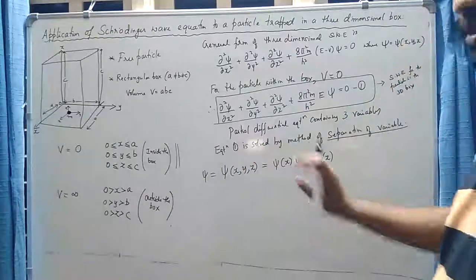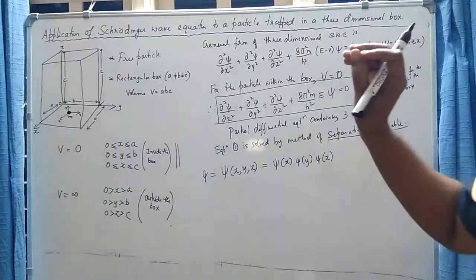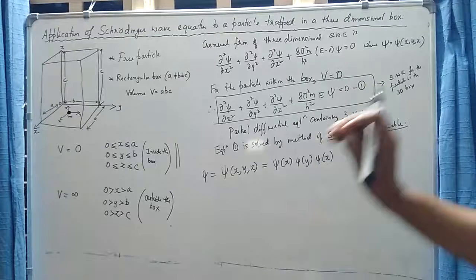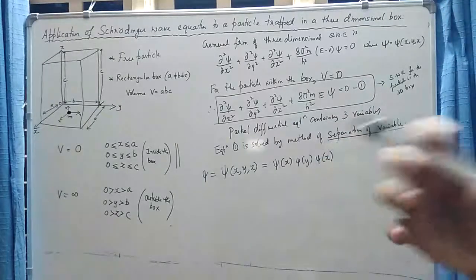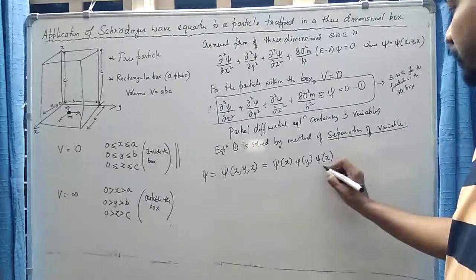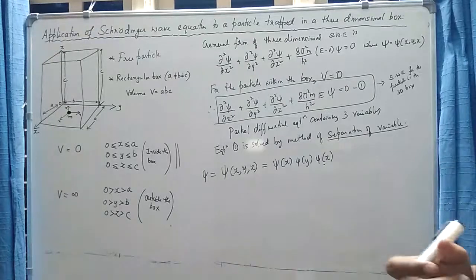Psi of x is the wave function corresponding to variable x, which represents the state of the particle when it is moving along the x-axis. Psi of y is the wave function along the y-axis, which describes the motion of the particle along the y-axis, and psi of z represents the state of the particle moving along the z-axis.